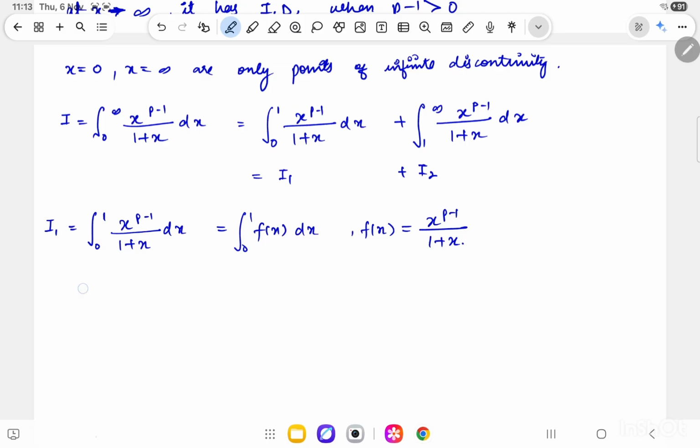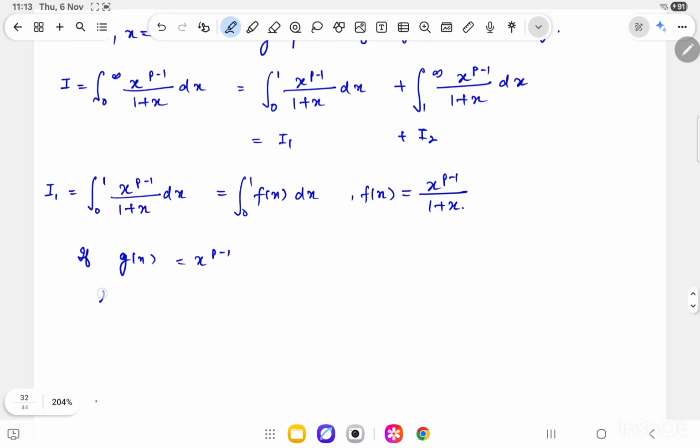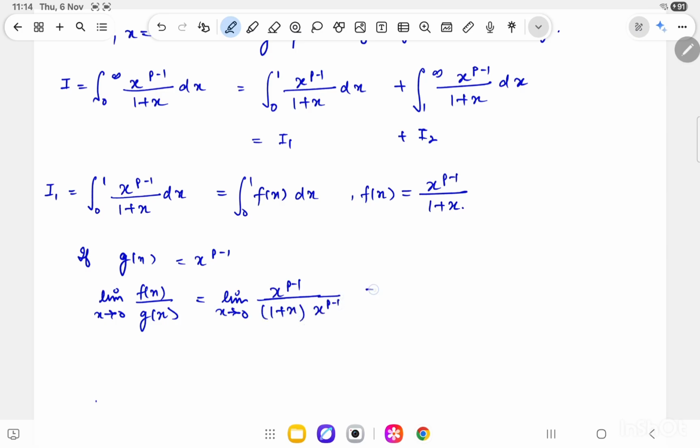If I take my g(x) as x raised to p minus 1 only, then what will be my limit as x approaches 0 of f(x) by g(x)? It will be the limit as x approaches 0 of x raised to p minus 1 divided by 1 plus x, divided by x raised to p minus 1. That equals the limit as x approaches 0 of 1 divided by 1 plus x, which equals 1, and 1 is a non-zero and finite quantity.